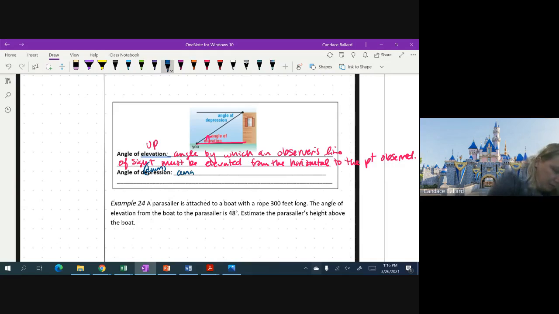So it's the angle by which an observer's, it's almost the same definition, line of sight must be depressed from a horizontal to the point observed. PT is point.